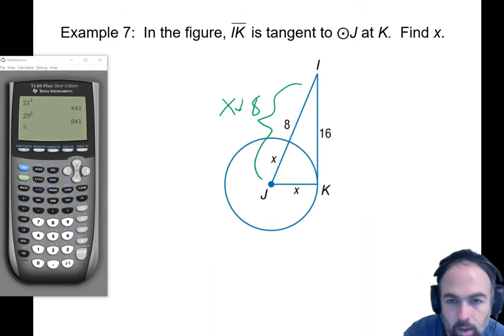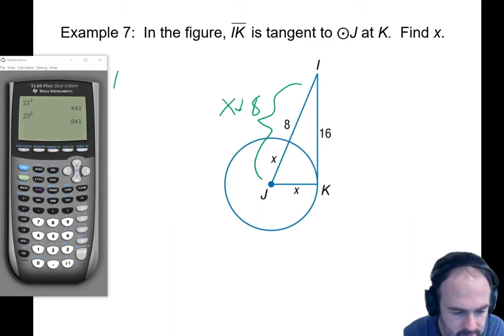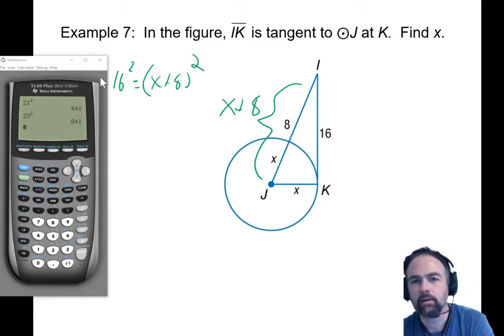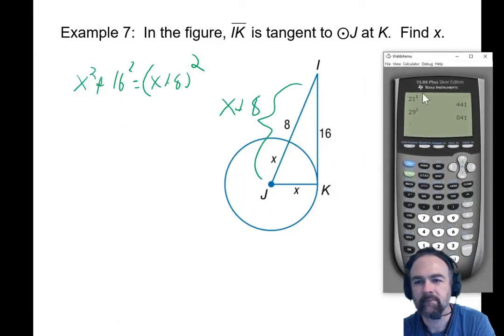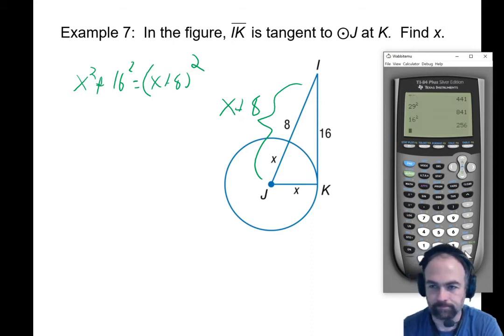So let's go through and run our Pythagorean theorem. X squared plus 16 squared equals x plus 8 squared. Let's go ahead and run 16 squared.